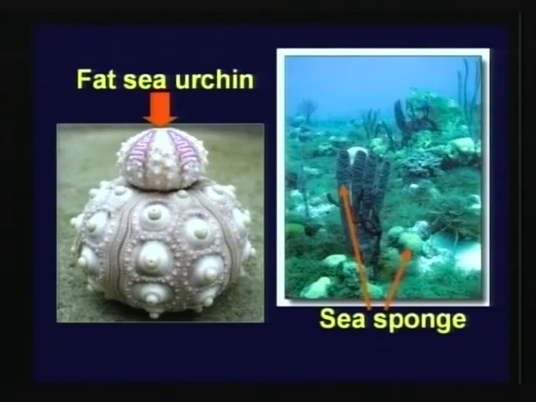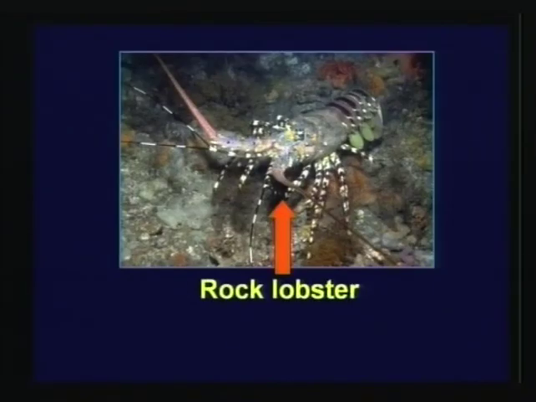One is a fat sea urchin, and one is of sea sponge. Our next picture. It is a lobster.